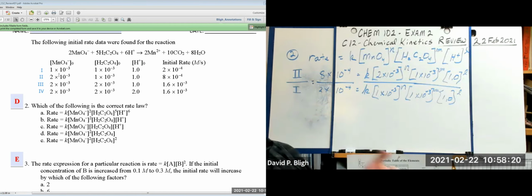That's the slow step, right? So the rate expression should be the rate equals K times NO to the second power. Okay?